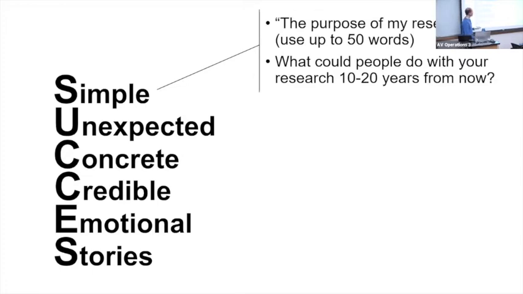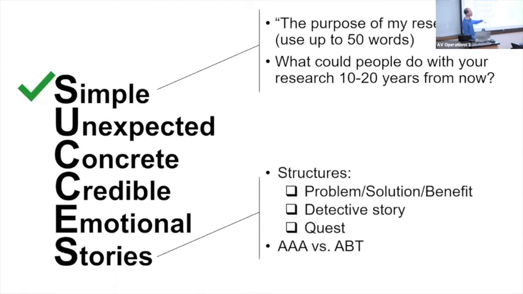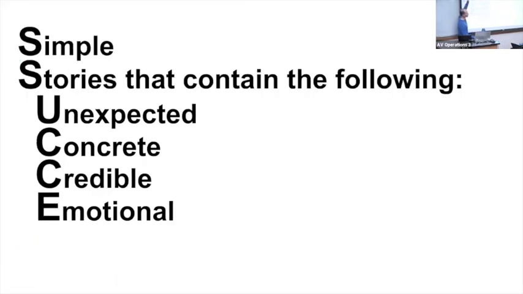And we've already talked a little bit about the structures, in terms of problem, solution, benefit, detective story, quest, and the ABT. So I'd like to revise this a bit by thinking about the stories that we've already addressed, and the story should contain the following: unexpected, concrete, credible, and emotional.